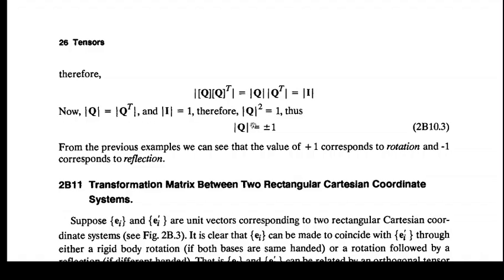So this can be written as +-1. So it means that if Q is orthogonal, then its determinant is either +1 or -1. From the previous example, we can see that if it is +1, then the orthogonal matrix is a rotation matrix, and if it is -1, then this matrix is coming from a reflection.